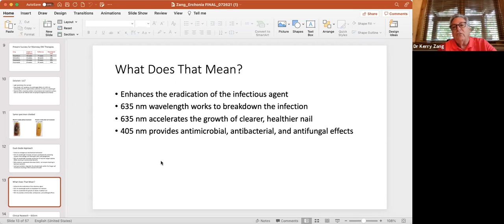So it's not only just for clinical mycosis. If you have the machine, you can certainly use it in your diabetic patients. It would be most beneficial. But in any event, the 635 wavelength breaks down the infection, and it also accelerates the growth of a clearer, healthier nail by mitochondrial stimulation, increasing nitric oxide, increasing vascularity, while the 405 blue light provides antimicrobial, antibacterial, antifungal effects.